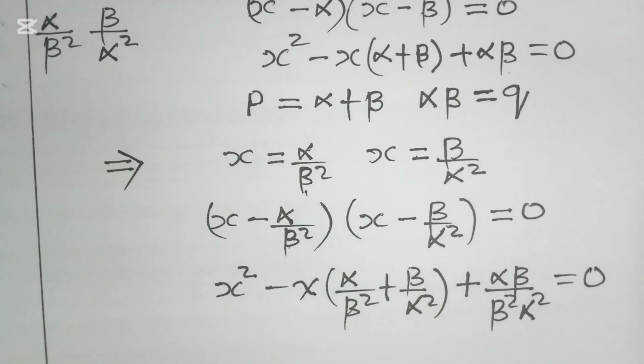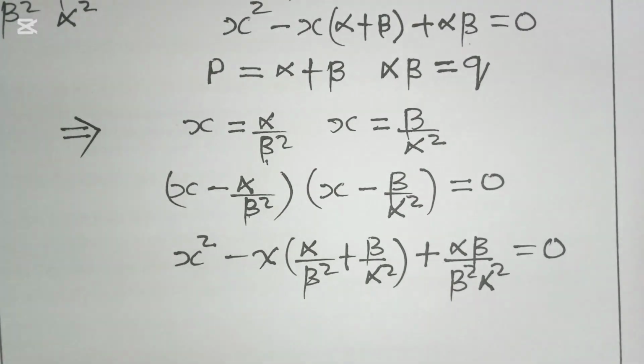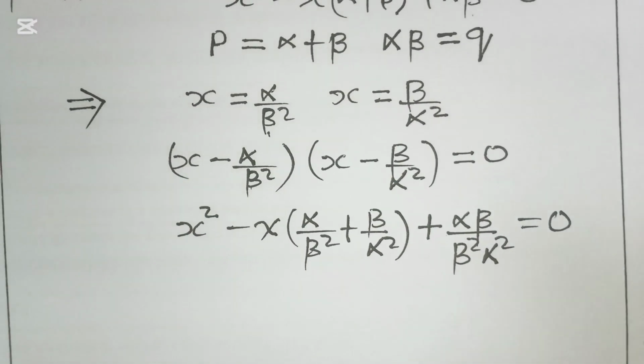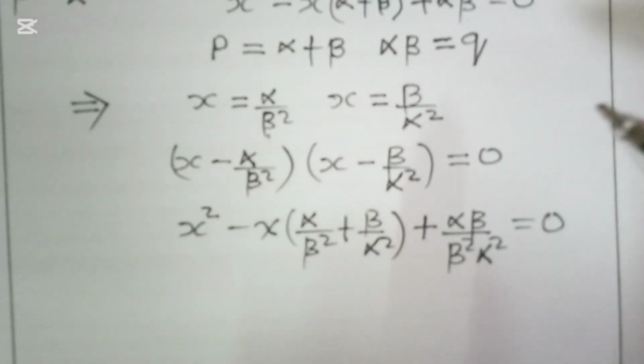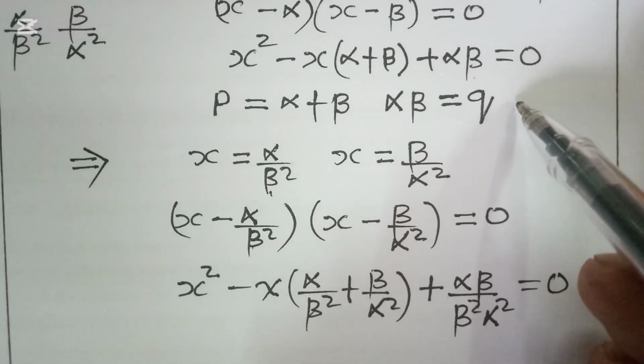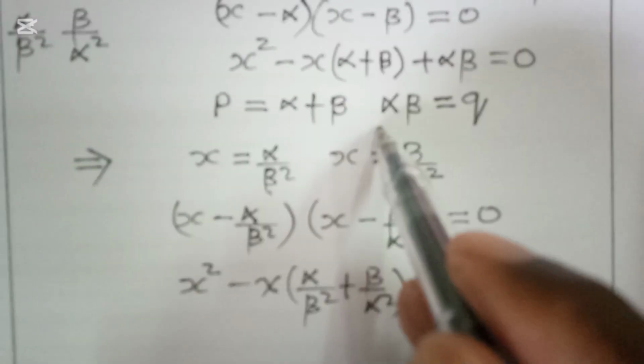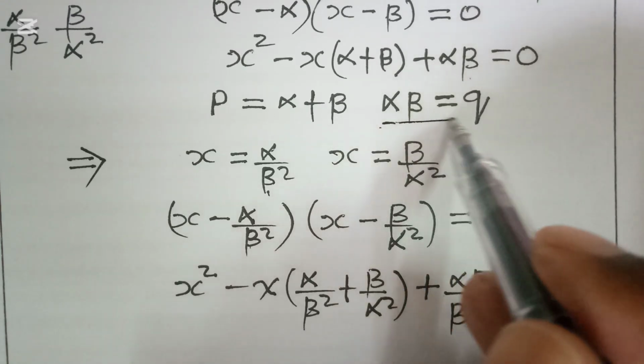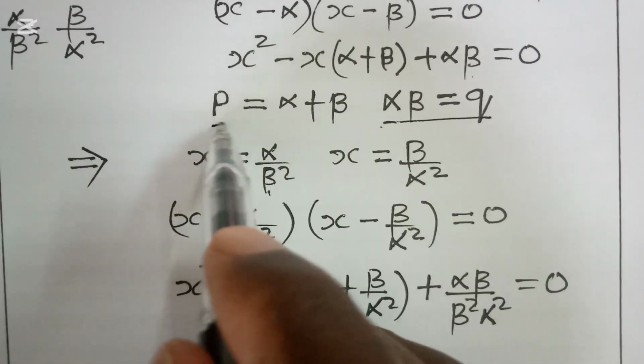Guys, we are required to write this equation in terms of p. And so therefore guys, looking at this equation here, we have an equation here that is for q and this is for p.